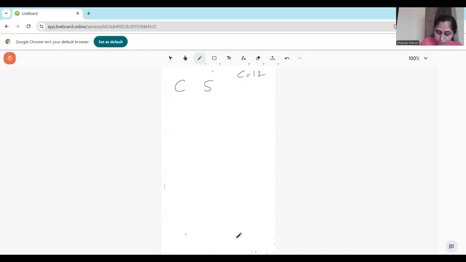The mass लिख लेती हूँ यहाँ पे 32. Oxygen is 16. Okay, so carbon and sulfur are my different elements, combining with fixed mass of the third element. My third element is oxygen. Okay, carbon and oxygen is giving you carbon dioxide. Consider that it's a complete combustion. Sulfur and oxygen is sulfur dioxide.